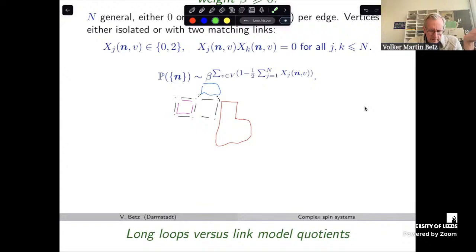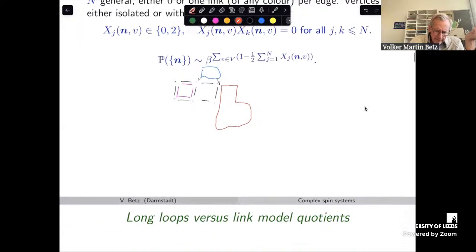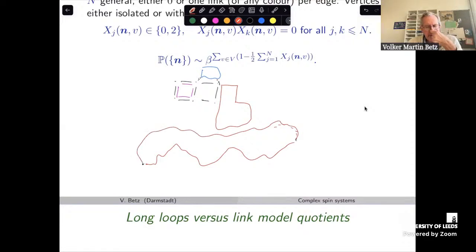So you have that two vertices are connected by some loop if you can walk from one to the other by edges of a certain color, right? So then they are connected. Okay, then they may be kind of connected. They will actually, if it's a loop model, they have to be connected backwards.